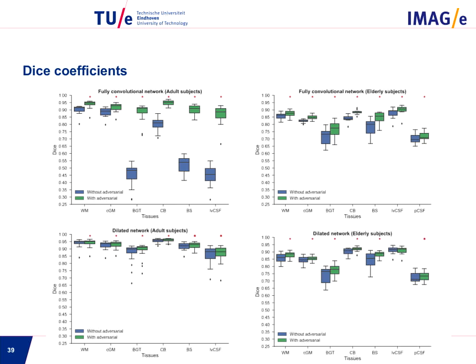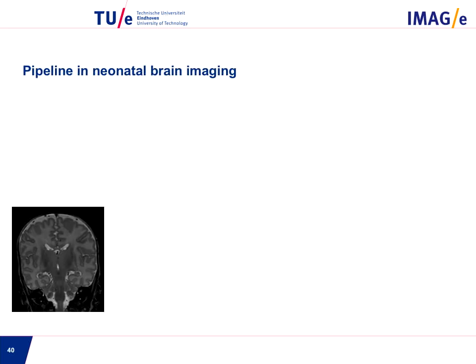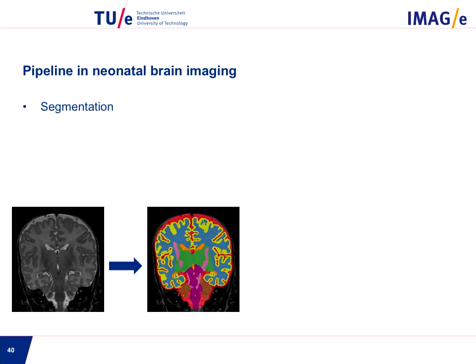Okay, so segmentation is, of course, just one of the steps usually in brain imaging. In case of neonatal brain imaging, a pipeline could look something like this. So we have an image as input. We do a segmentation.